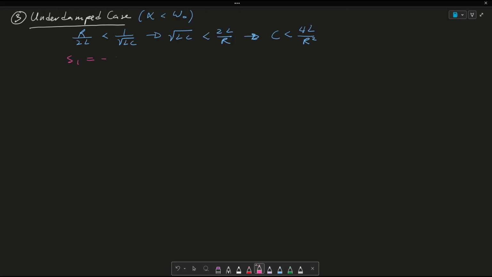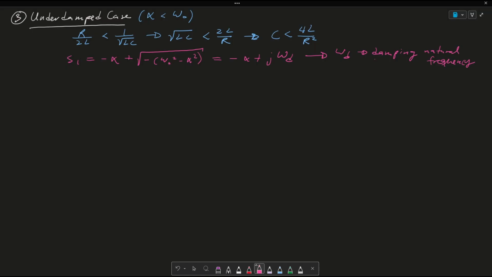So S1 is equal to minus alpha plus the square root of minus omega naught squared minus alpha squared. And since this is a negative, it becomes minus alpha plus j omega d, where this omega d is my damping natural frequency.